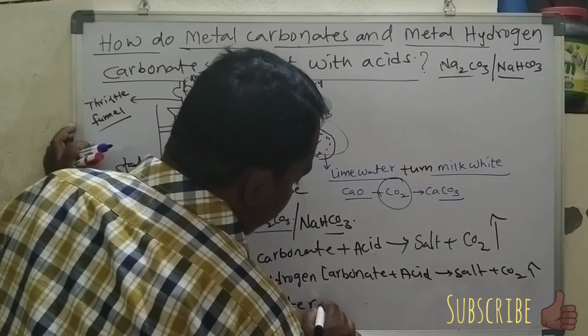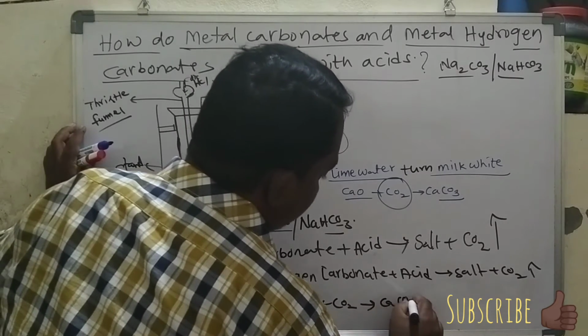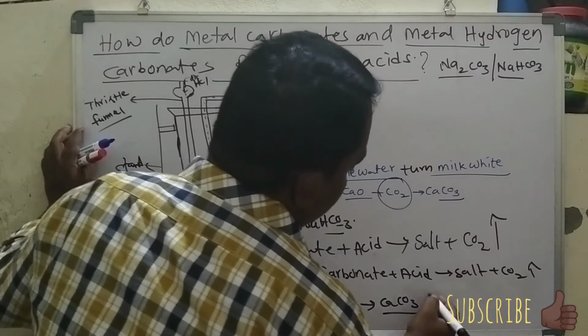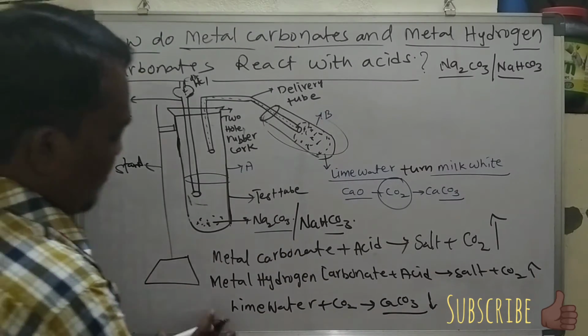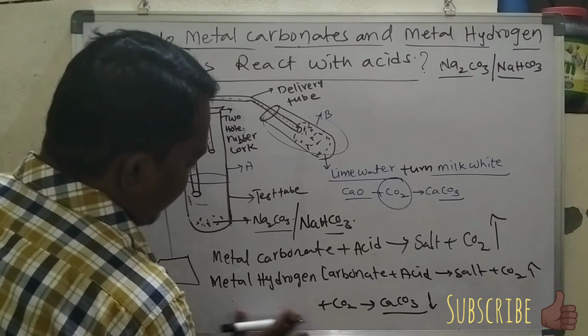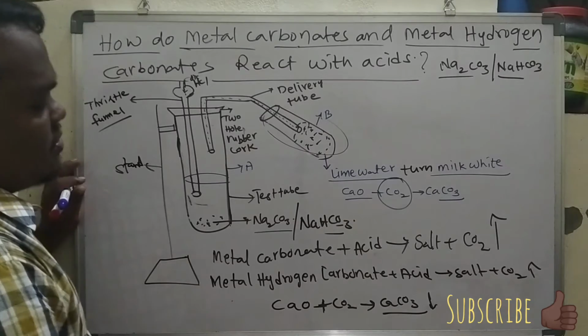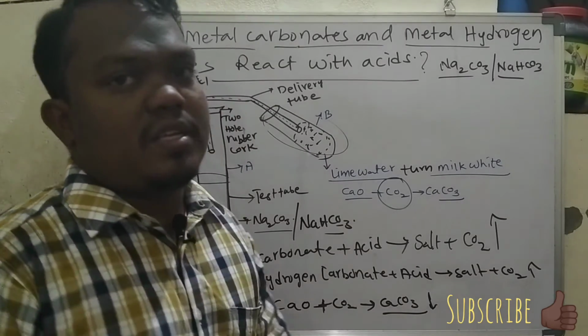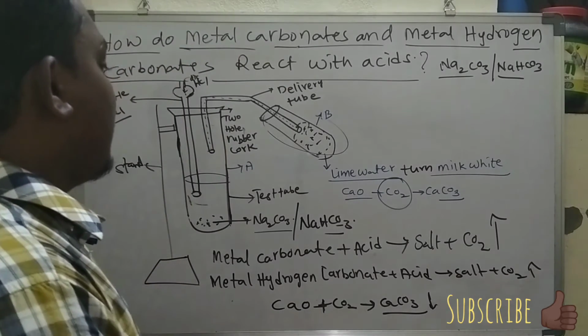What is that gas's name? Carbon dioxide. We get the formation of a white precipitate, which we call calcium carbonate. So the lime water formula I am going to write here as CaO. CaO plus CO2 gives CaCO3. Okay?